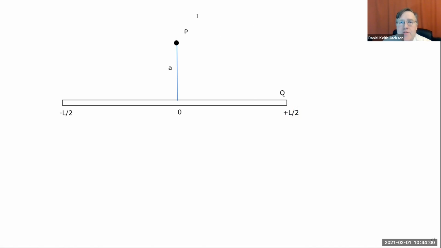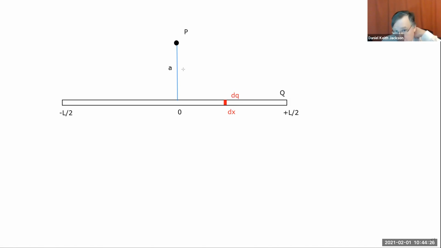The next thing I'm going to do is pick a small increment of my rod, some infinitely small increment. And I'm going to label this increment of a thickness dx. And I'm going to say that on that increment, there is a certain amount of charge, which is going to be dq.